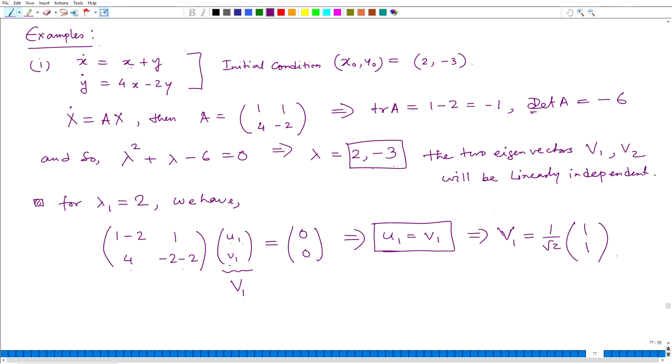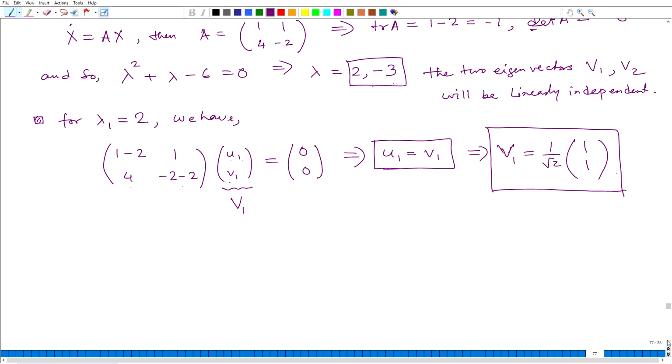Constructing normalized eigenvectors, you all know the trick. If you do not know, just go through some books of linear algebra. There can be various possibilities. u1 and v1 are just the same, but you can write u1 equal to 2, v1 equal to 2. From all these arbitrary choices, we construct V1 in such a way that the norm, or the magnitude, of V1 is 1.